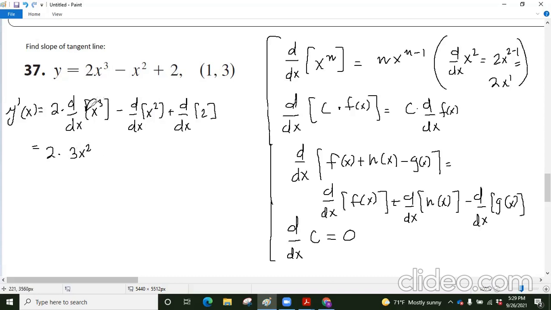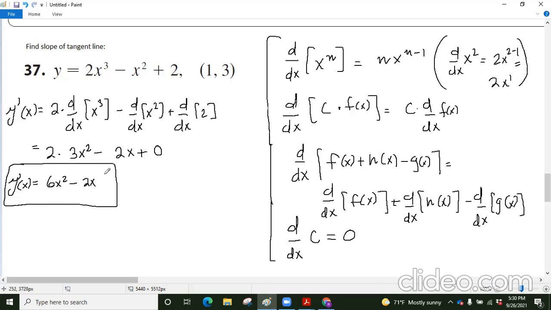We're bringing that constant down, and then we're decrementing the power by 1, minus 2x. 2 minus 1 is 1. So plus the derivative of a constant is 0. This becomes 6x squared minus 2x is what the derivative is. So y prime of x is equal to 6x squared minus 2x.